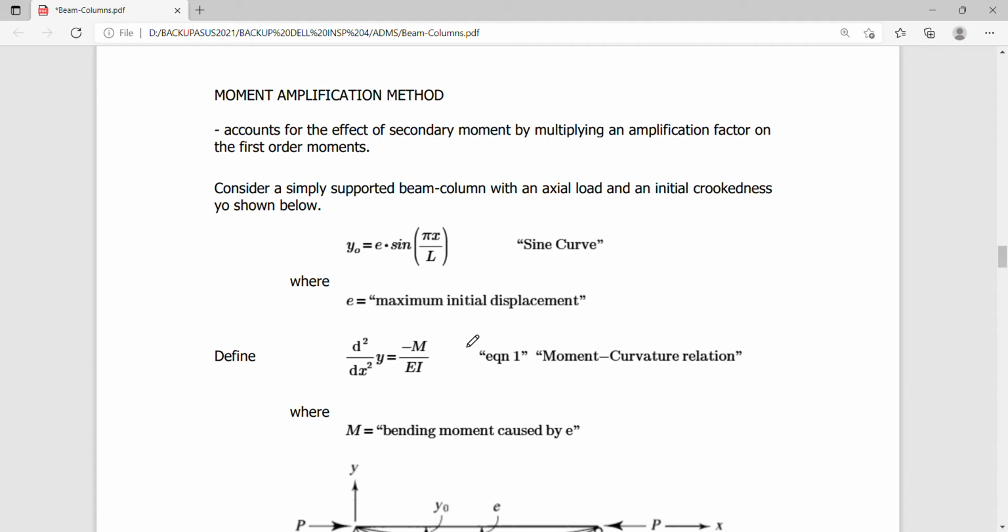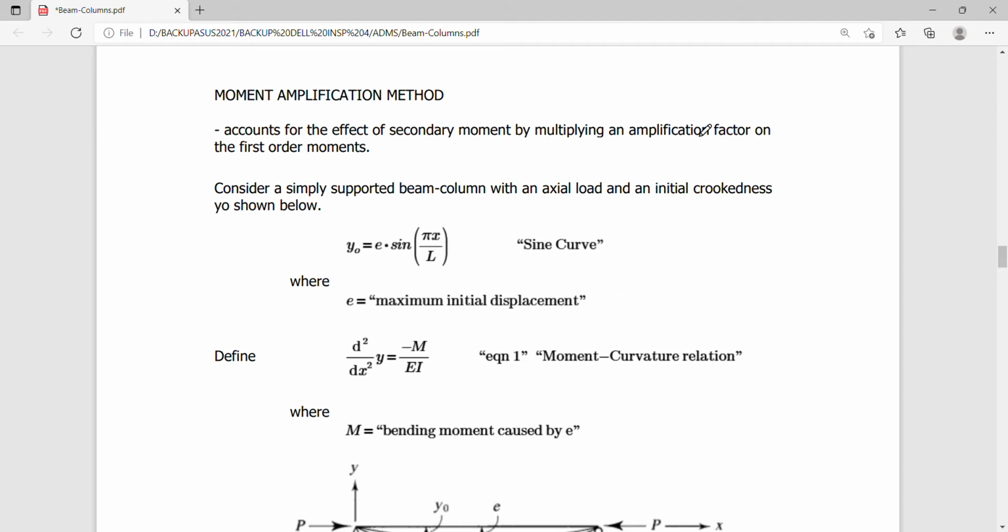So a moment amplification procedure or analysis is actually a method which takes into account the effect of secondary moments by multiplying a certain factor on the first order moment.